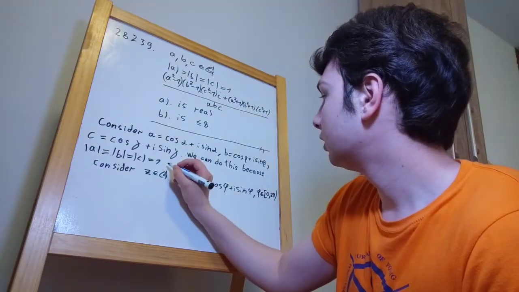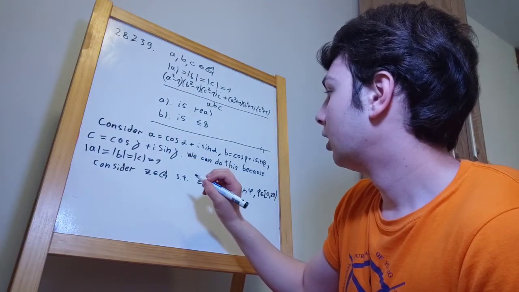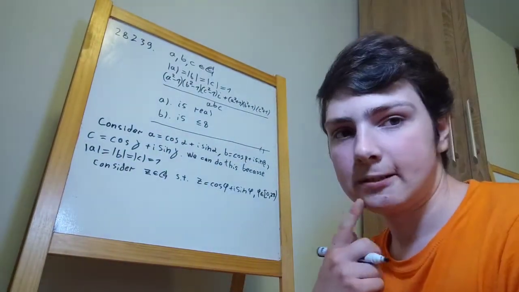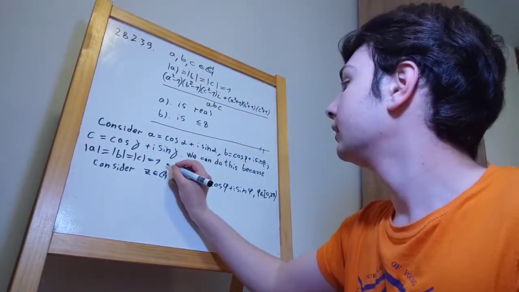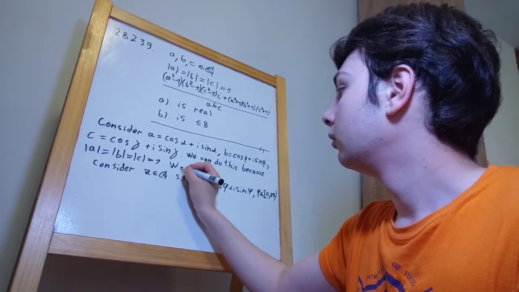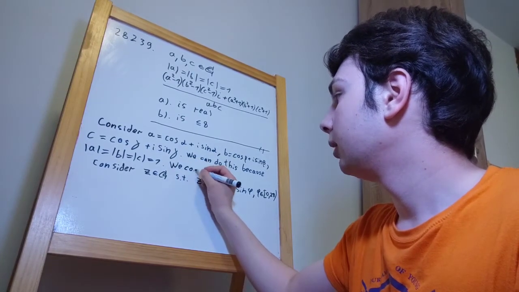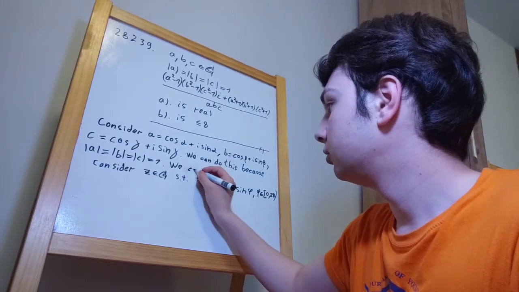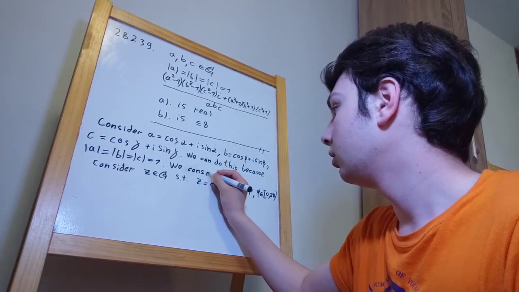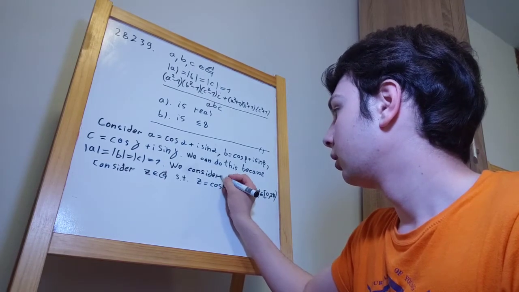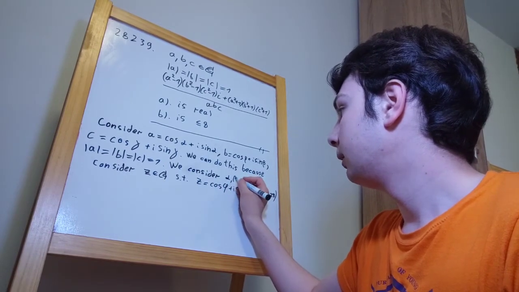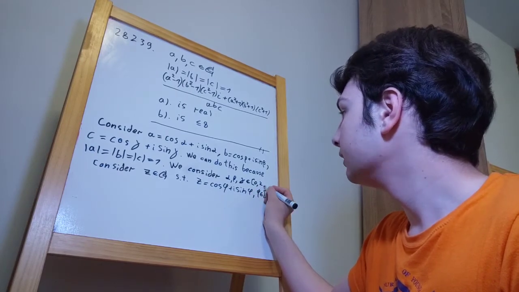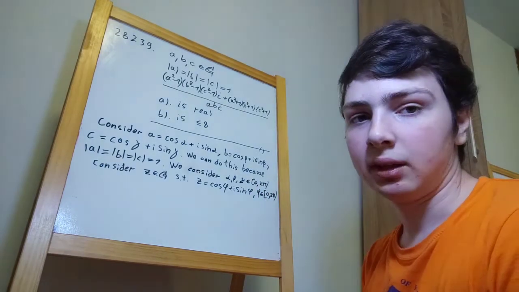And for simplicity, we consider alpha, beta, gamma to be in the 0 to pi interval, 0 included, as well.